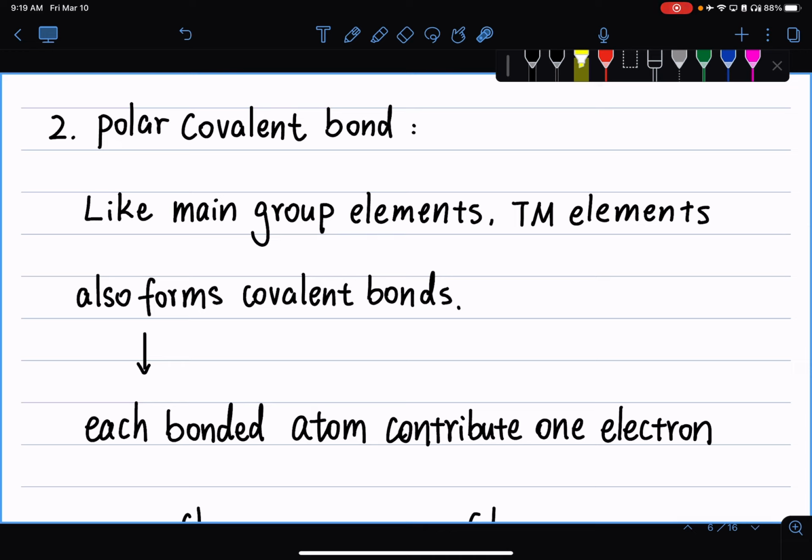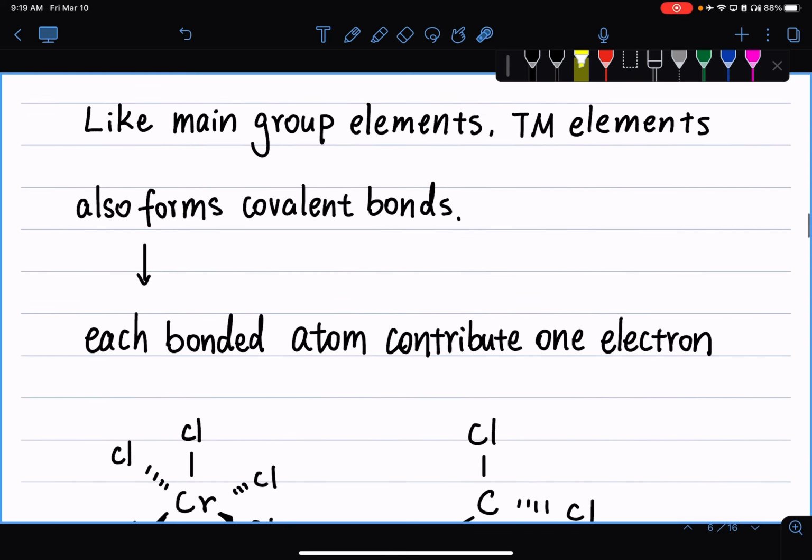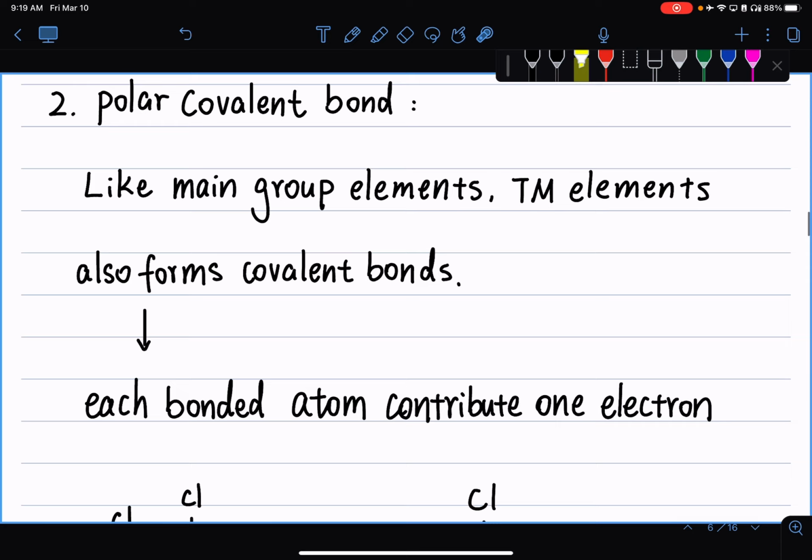More typically, in transition metal complexes, especially in solution phase, you have polar covalent bonds. Like the main group elements, when transition metal centers form a covalent bond with another atom, each bonded atom contributes one electron to make that chemical bond.